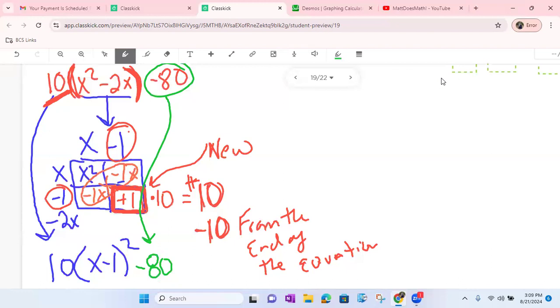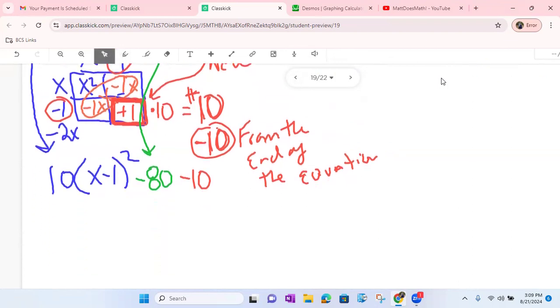And then we're going to bring that minus 10, the subtraction of 10, down because we have to do that. Okay. And then from there, we're just going to clean it up. I'm going to write 10 times x minus 1 squared. Minus 80 minus 10 is the same thing as minus 90.